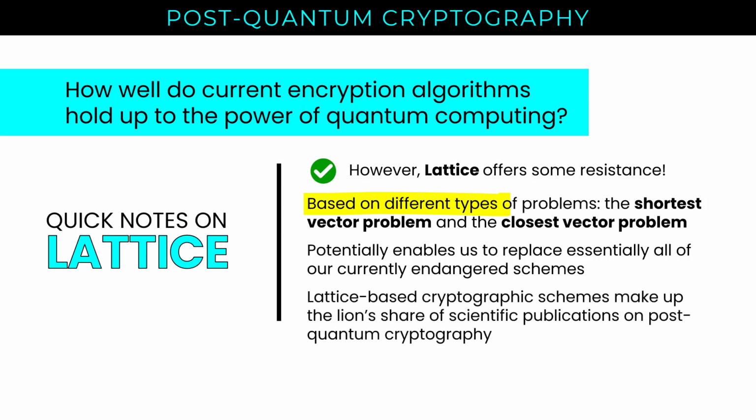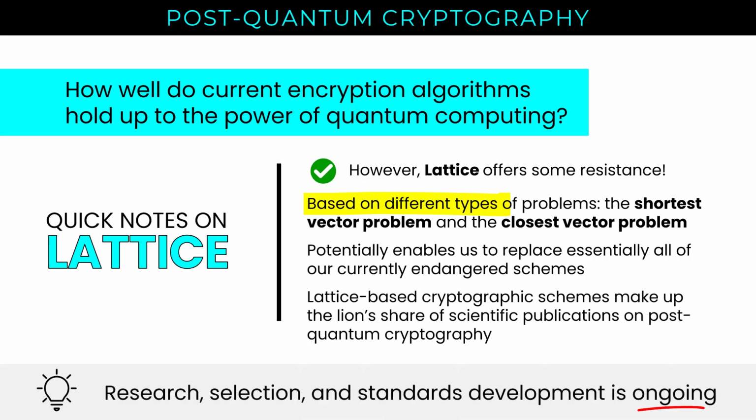And lattice-based cryptographic schemes make up the lion's share of scientific publications on post-quantum cryptography. Now I will say that research, selection, and standards development is ongoing. NIST, the National Institute of Standards and Technology, initiated a competition, and they've worked down to around round 3, I believe.